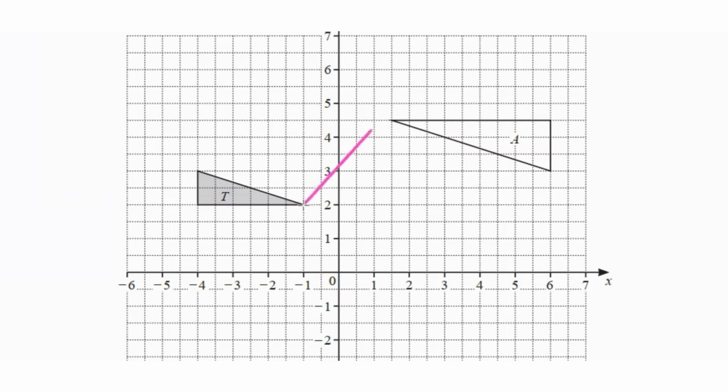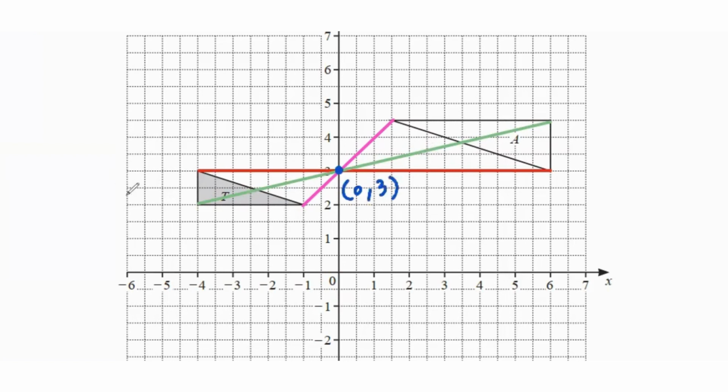Let's join the same points, this with this, with this, and this point with this point, because these are the same points, but on different shapes. So as we can see, our center of enlargement is 0, 3, this point.